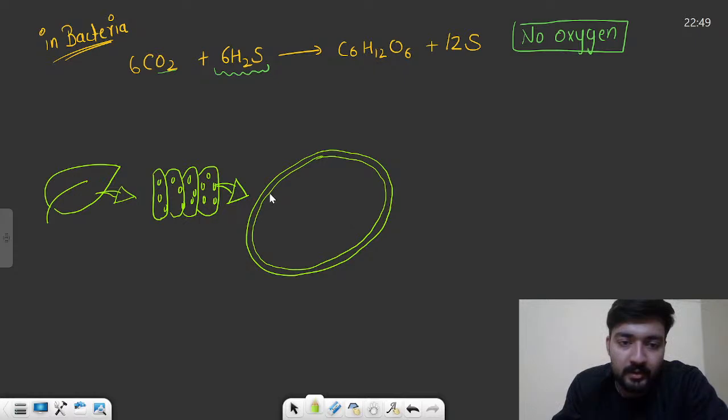And the chloroplast contains such structures. I'm sure that you know about all these structures. All these stacks are known as grana, and they are joined together by these stroma lamellae, right? And this is how they exist.